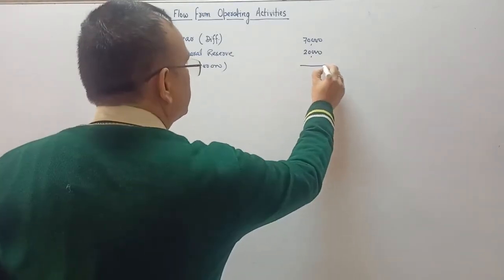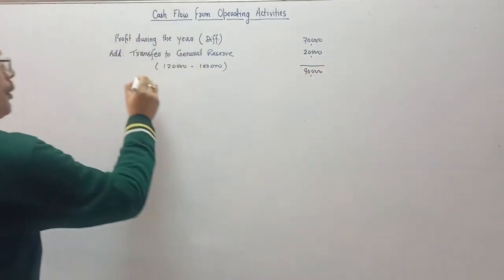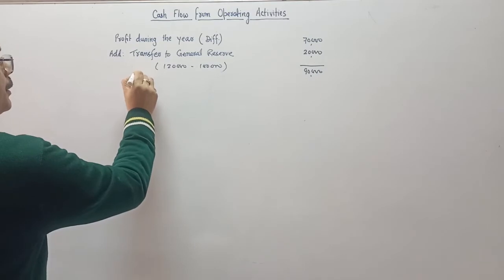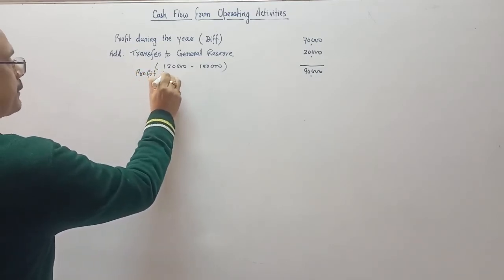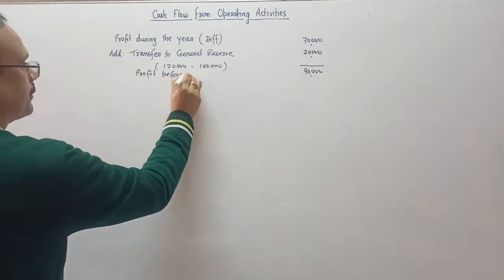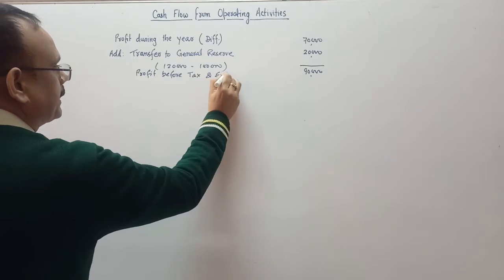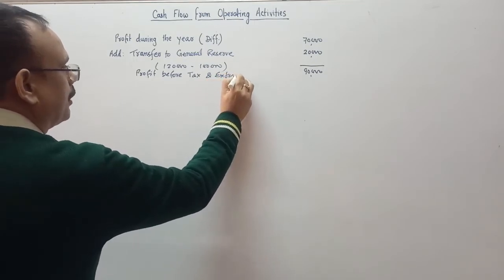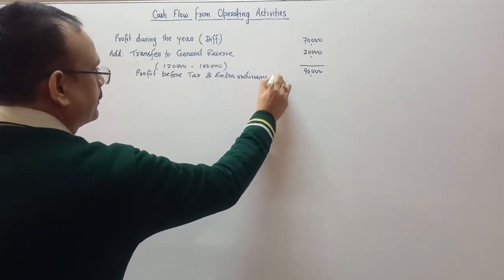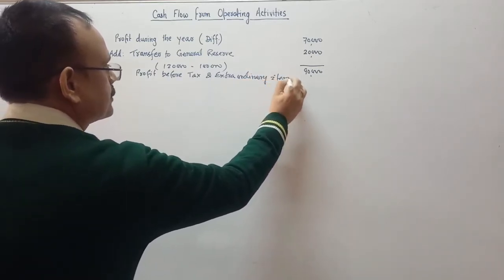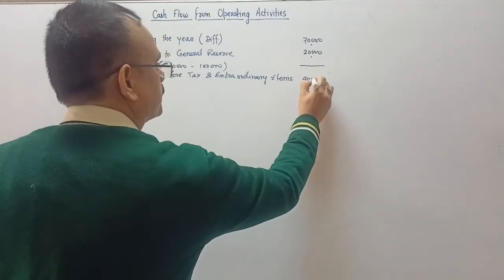So you add it. So this figure will be, you can say, profit before tax and extraordinary item, 90,000.